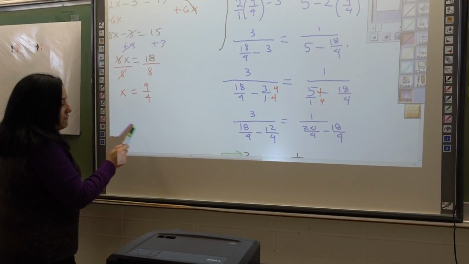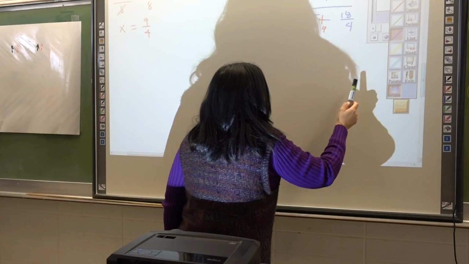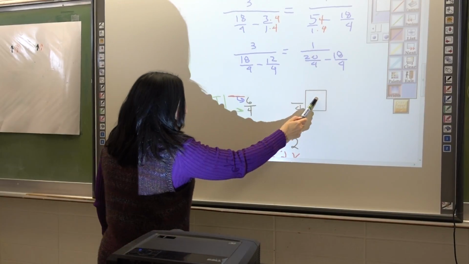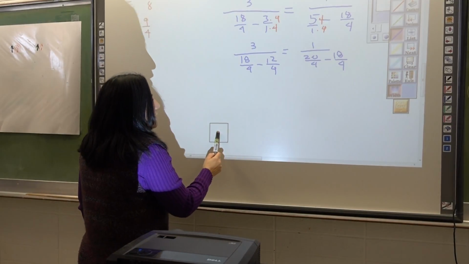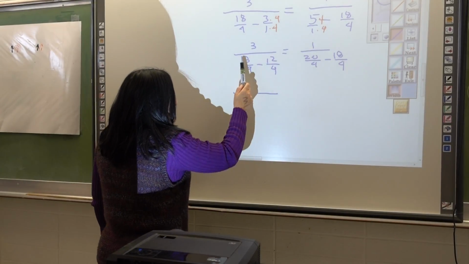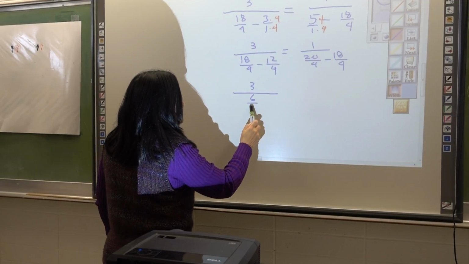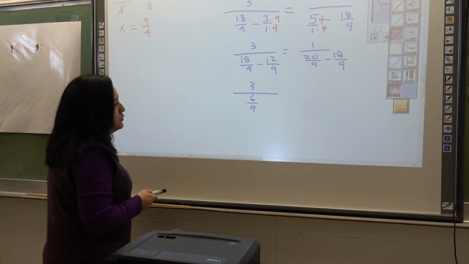Then I keep working. 3 over, this is going to be 18 minus 12 is 6 fourths, right? Same denominator.